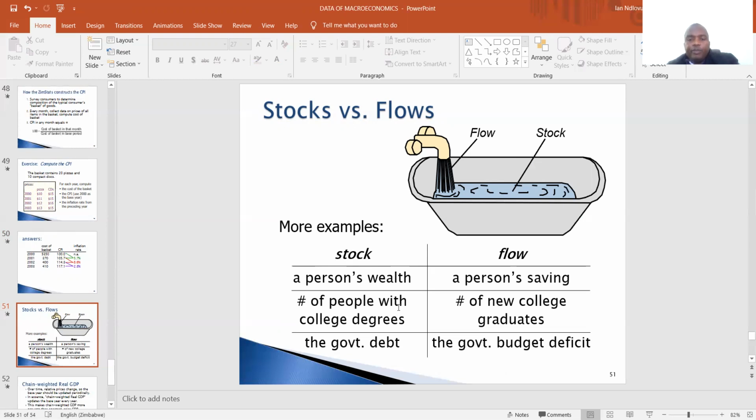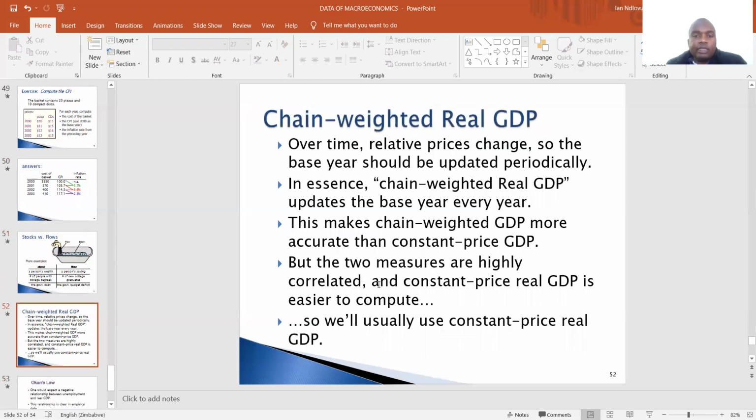The number of people with college degrees in a country or university degrees is a stock, but the number of people who have just graduated, the new graduates, is a flow into that stock. Government debt is a stock like water in this tank, but the government budget deficit, which feeds into government debt, is a flow, and so on, and so forth.